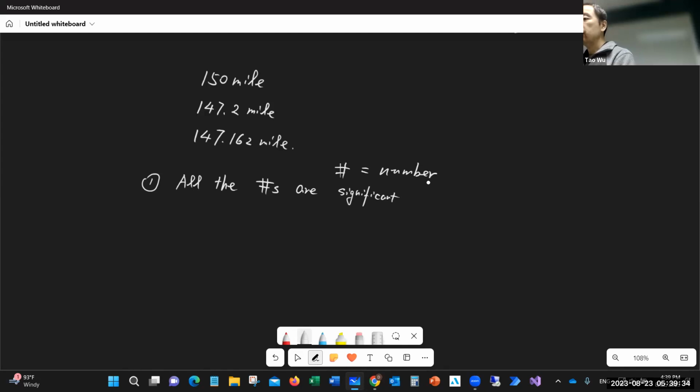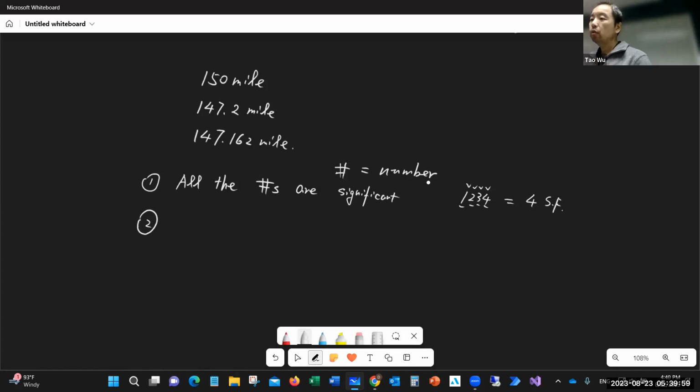Which means all the numbers count as one SIGFIG. So 1, 2, 3, 4, that's 1,234. Each of those is a number, so those are all numbers. So we have 4 sig figs in this case.